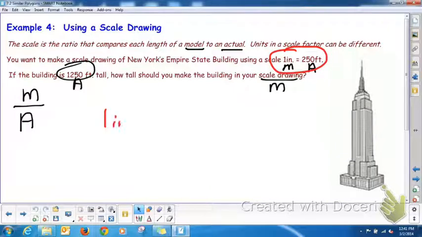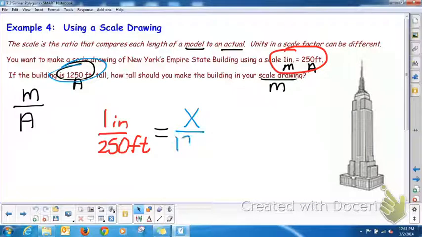1 inch over 250 feet is equal to model over actual. Do you know how tall the model has to be? You don't. So it's x inches over the actual is 1,250 feet. So notice in the ratios we have model over actual equals model over actual.